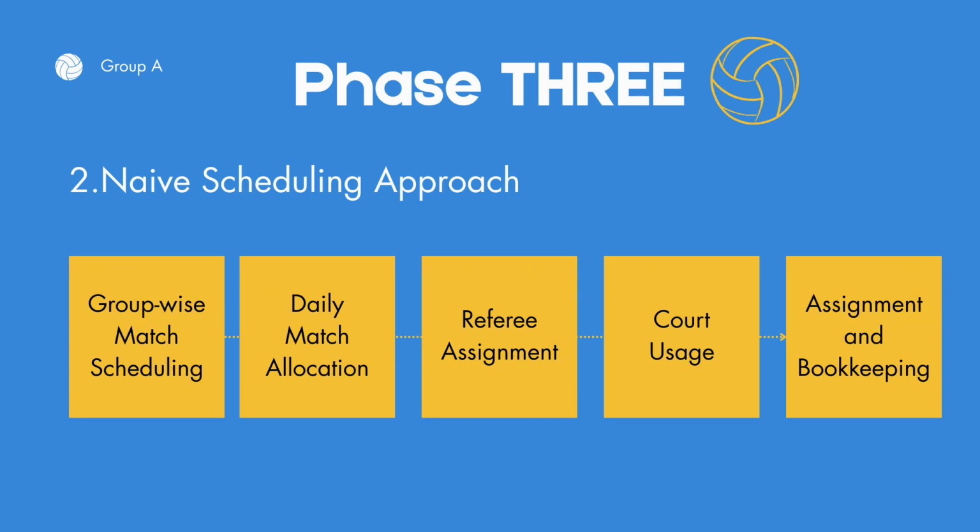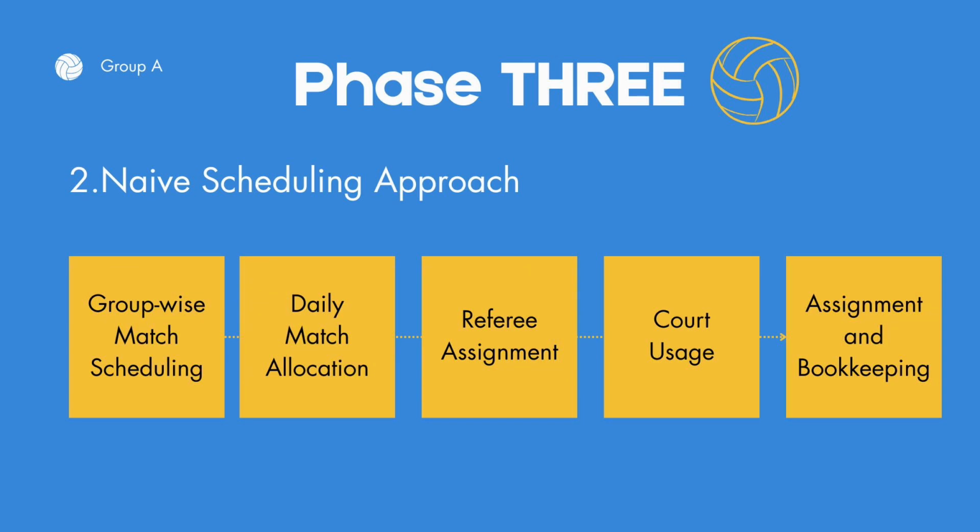If all good, it finds a referee who's available and not in conflict with the group, then picks the one who's done the fewest matches so far. Courts are assigned based on availability, and once a match is scheduled, it updates all internal checking, like team schedules and referee workloads.